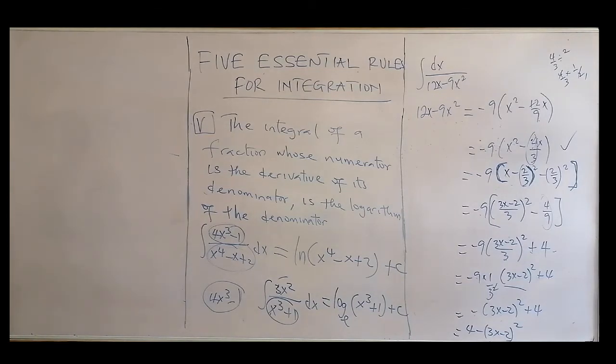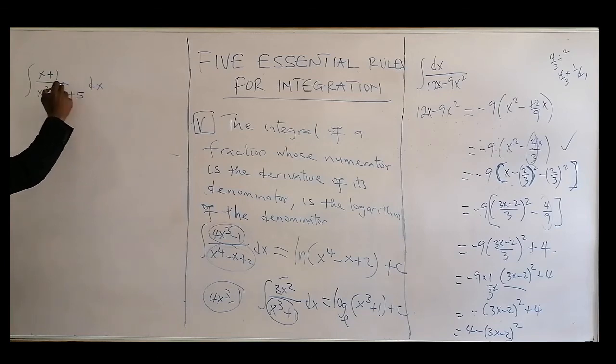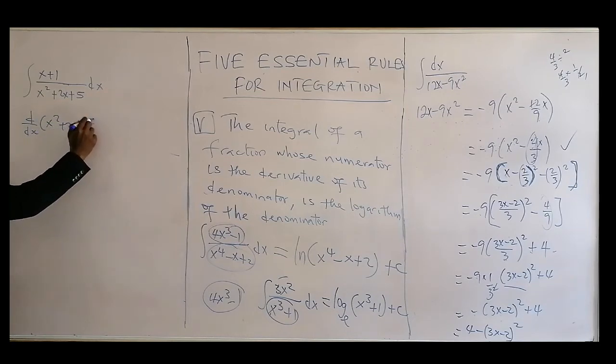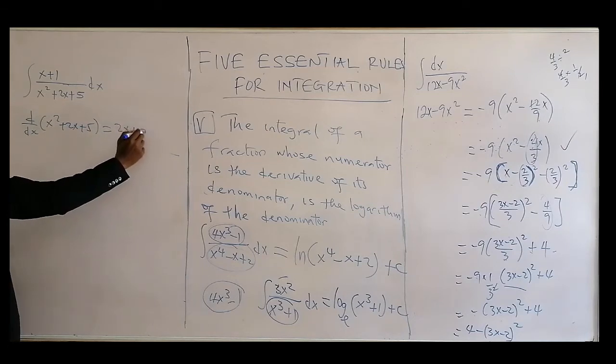The exception to that rule is this. Look at this question. The derivative of the denominator is 2x plus 2.